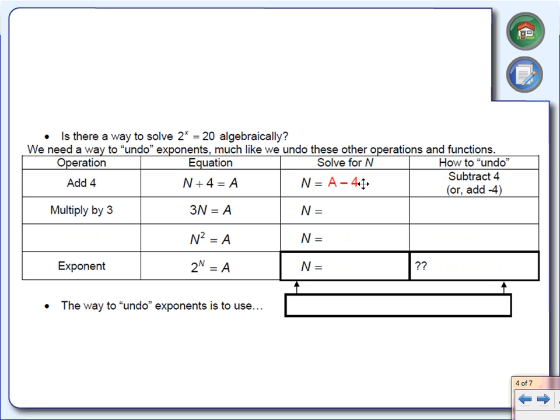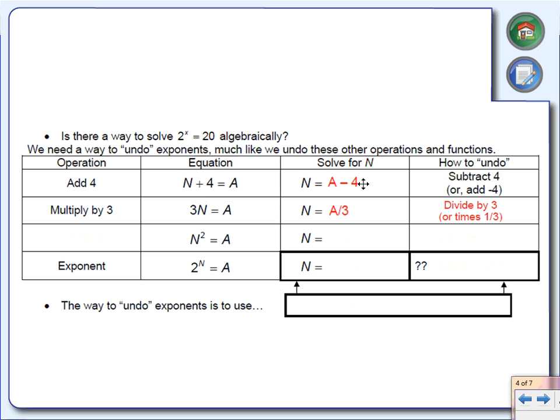So then the next question is, what if we have the operation multiplication? How do you undo multiplication? You divide. In this case, we would take the A divided by 3, and we would solve for that variable. To undo multiplication, you divide. We do the opposite.